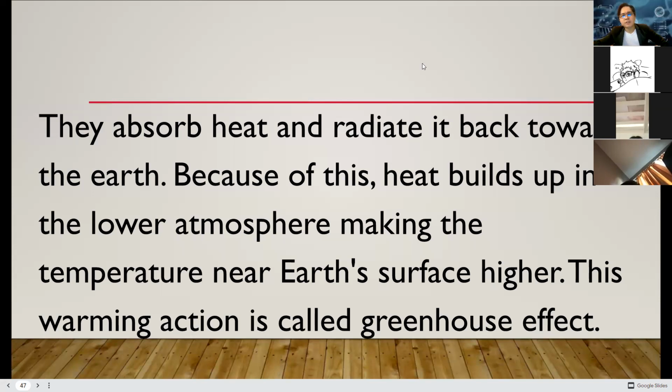Again, I already told you last meeting about greenhouse effect. A greenhouse is used to propagate plants, because instead of reflecting back the heat, it absorbs light and will not allow light to radiate back. That's the reason behind.